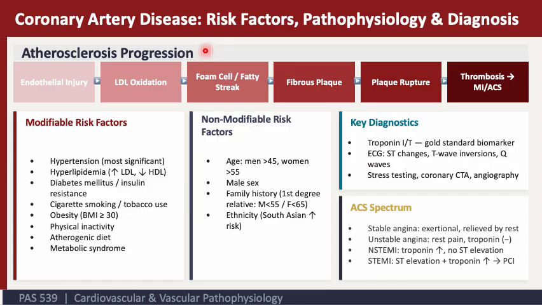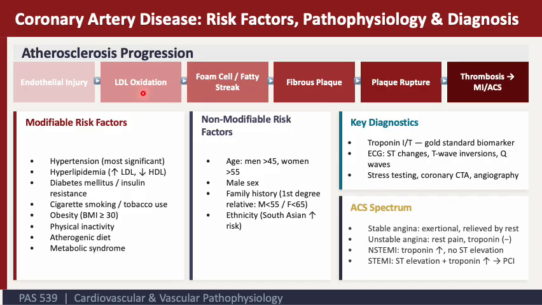So what happens in coronary artery disease is going to start off with the progression of atherosclerosis. And this process takes place when you have an endothelium injury, you have LDL oxidation in the bloodstream when you have elevation of the LDL lipids.